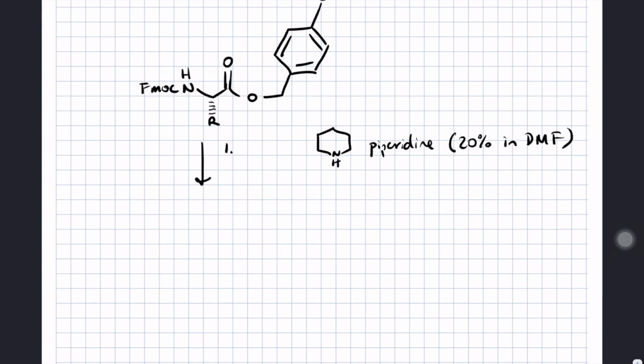So piperidine is just our base to remove the Fmoc group. This is our deprotection reaction. And then in a second step, we're going to bring in a second Fmoc protected amino acid. We'll bring 5 equivalents of that, 5 equivalents of DCC. That is a coupling step.